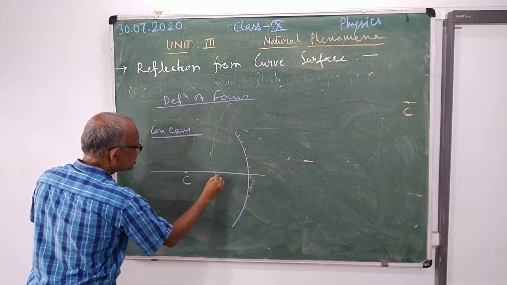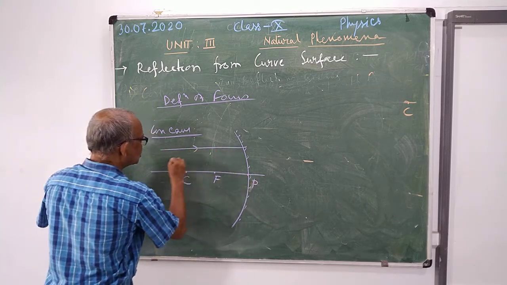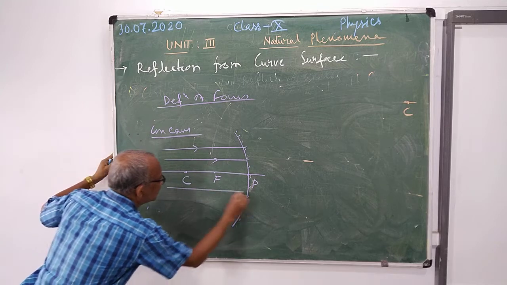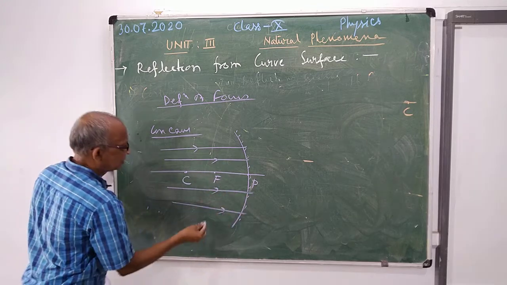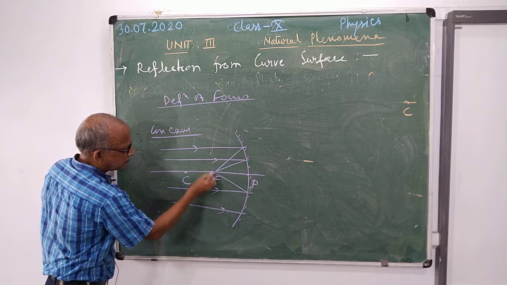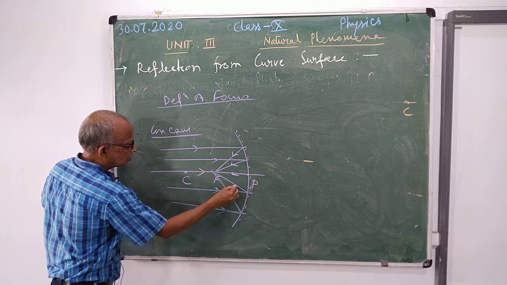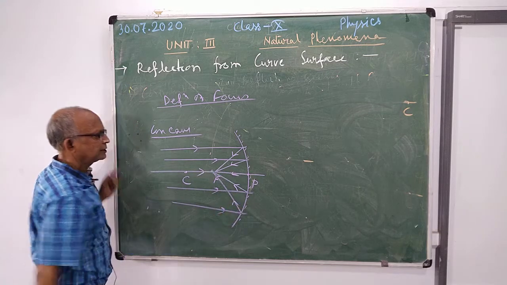Take focus midway between C and P, and now draw a parallel beam of rays parallel to principal axis, converging all of them on focus. Must not forget to put the arrow sign.